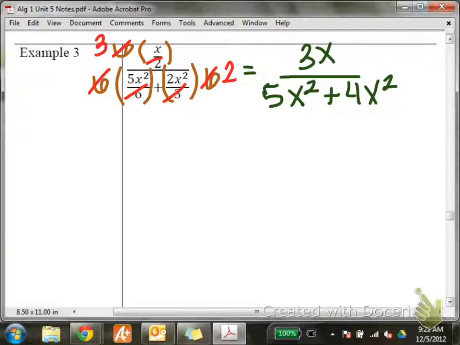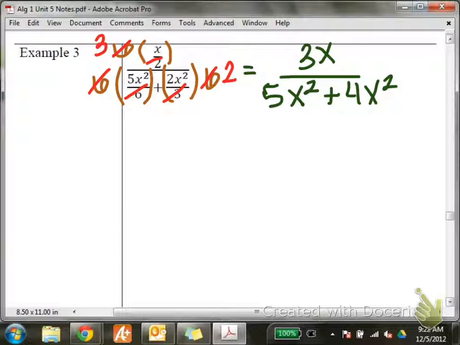Okay, guys, our simplifying is going to be a little different than the previous two problems. Take a look at this. We have 3x all over 5x squared plus 4x squared. Take a look at that denominator. Carla made a good point.